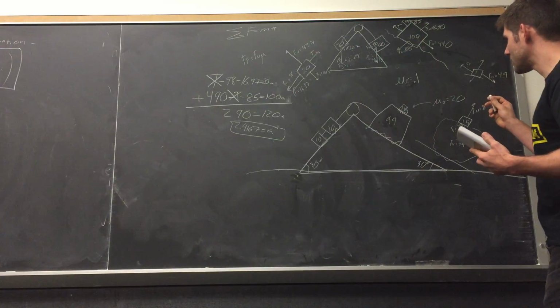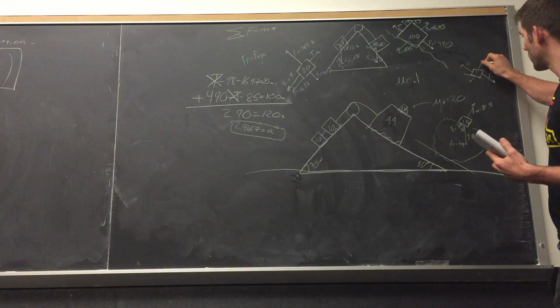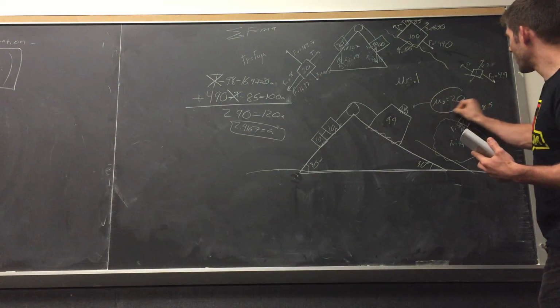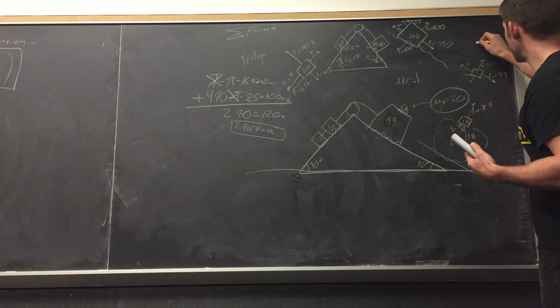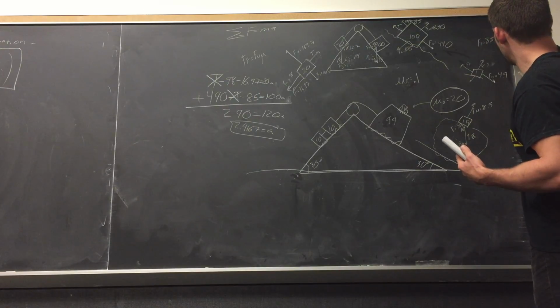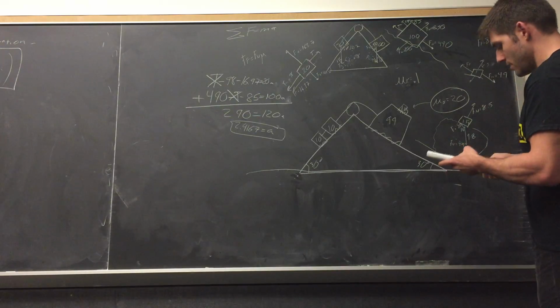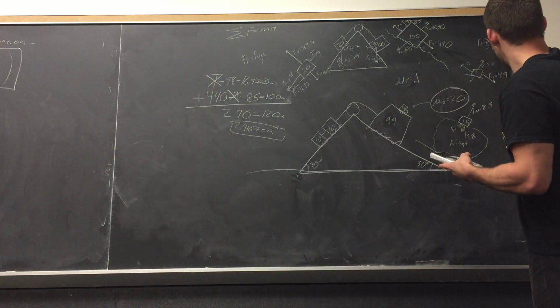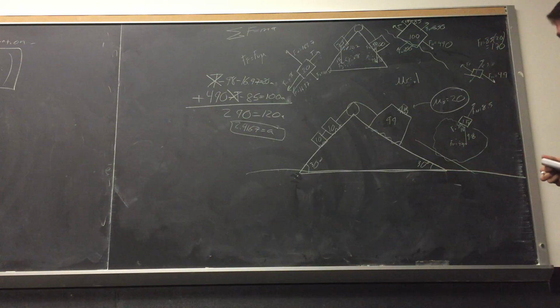Force friction is just the force normal, 8.5, times, in this case, 20. So force friction is equal to 8.5 times 20, which is 170. Okay, that will be one of the answers.